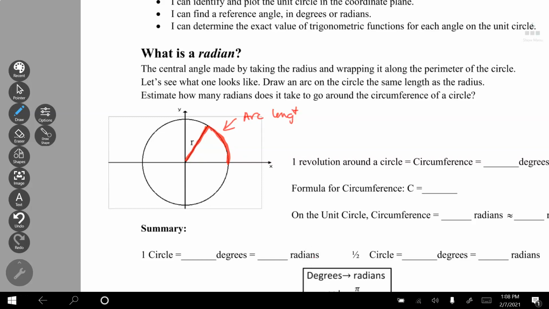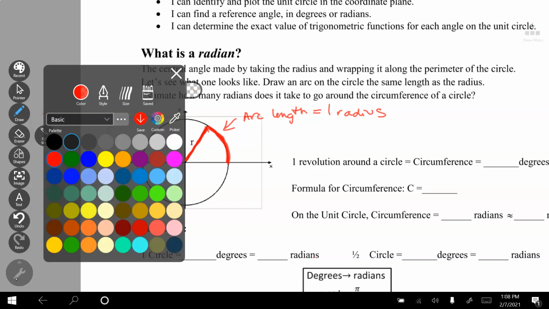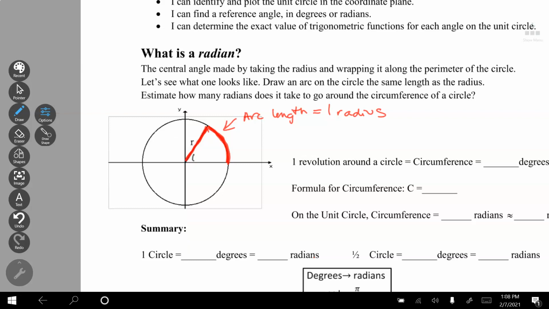We'll talk about arc length later. This red radius is equal in length to this arc, or perimeter length, except it's curved. So that's called 1 radian. We call this angle theta equal to 1 radian because the arc is exactly the same length as 1 radius.